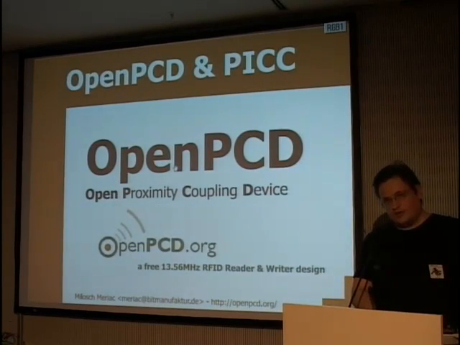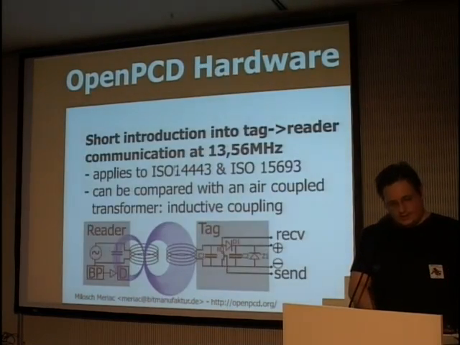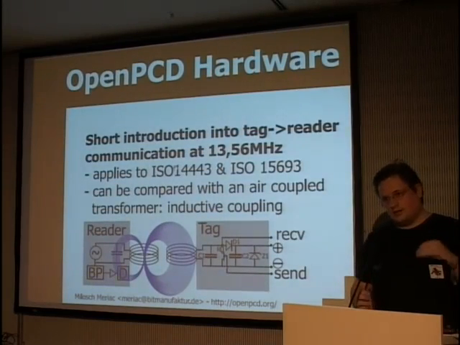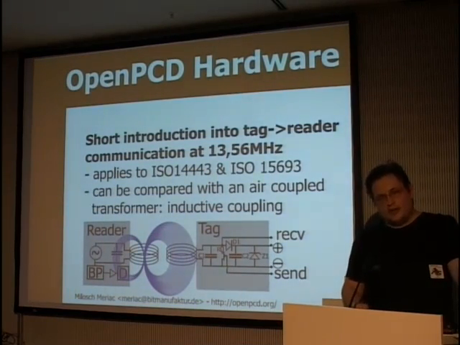I will introduce you to the architecture of OpenPCD, so you get a rough idea if you want to approach a problem where to start searching. So just to be sure that we are talking about the same stuff, there are some misunderstandings with RFID. Basically, RFID looks like this, that most of you already know, that you power the device by the reader field.